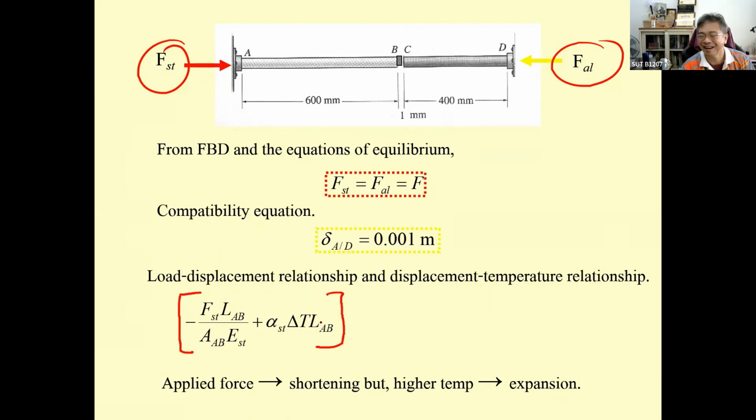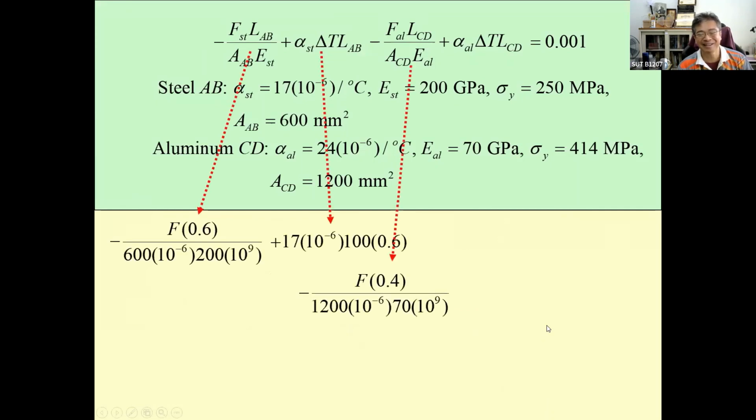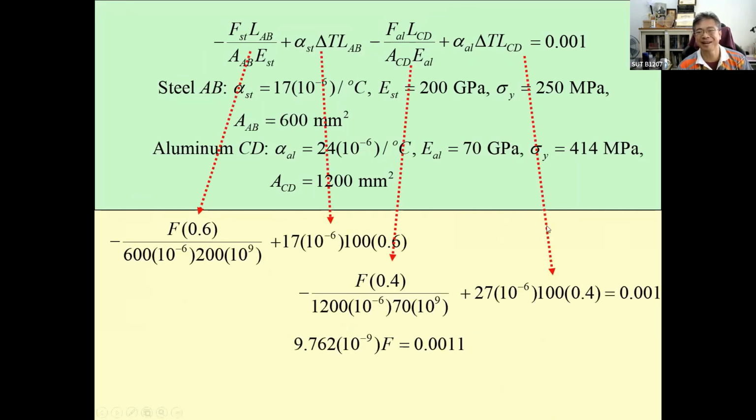The previous one you had only one material, so you had only one term. And this one for the aluminum, and they must be equal to the gap. Then just plug the symbols in with the given data.